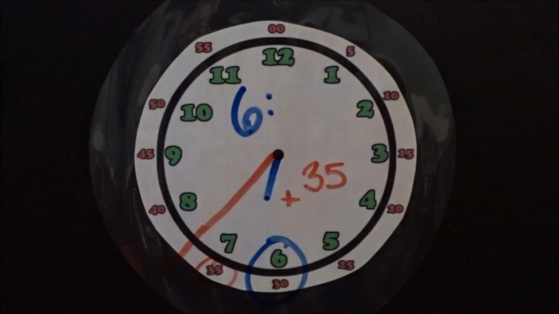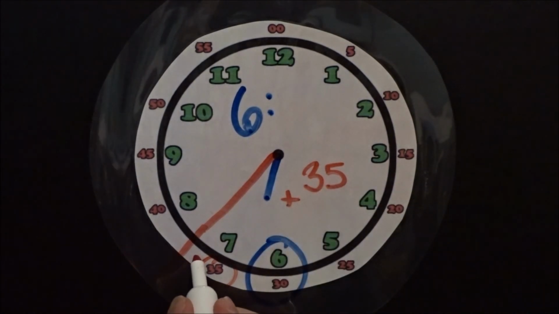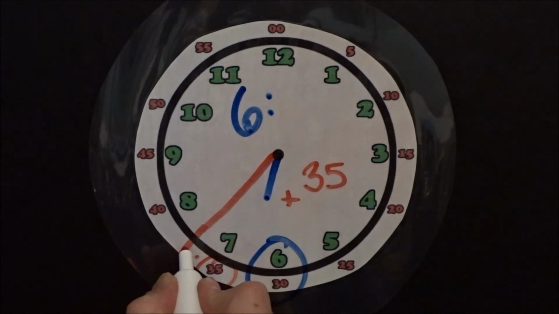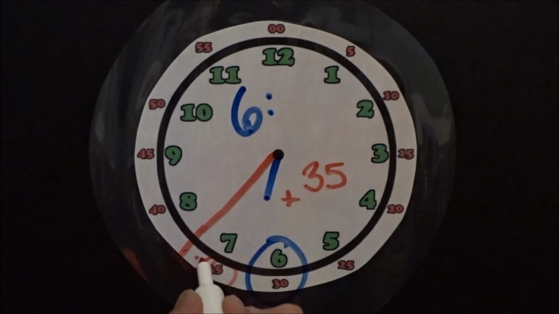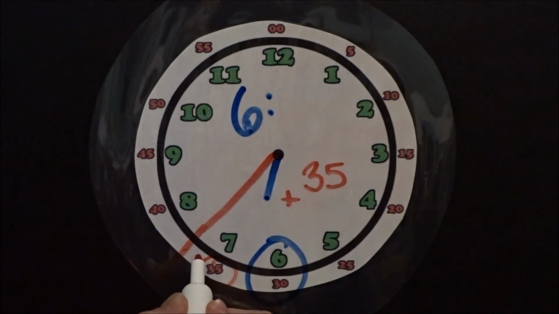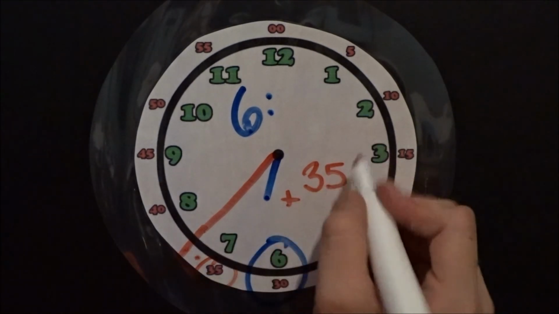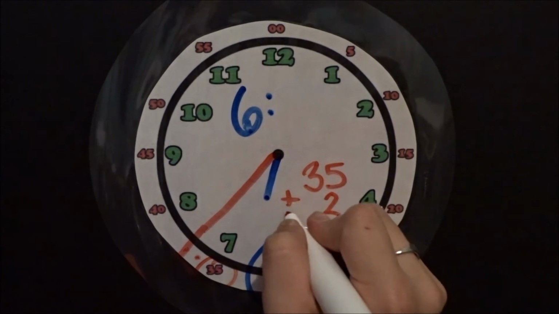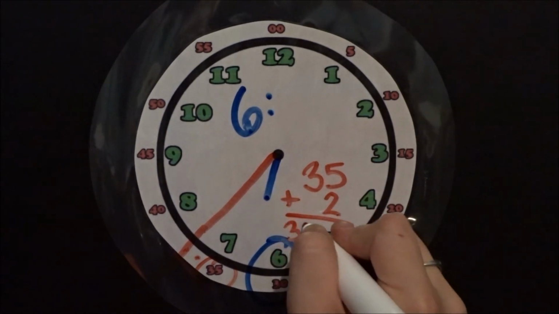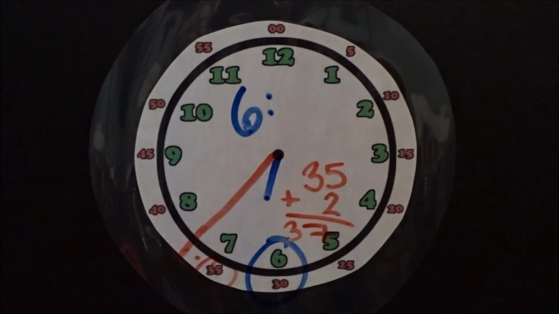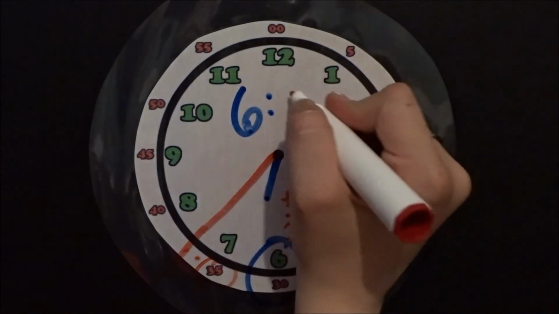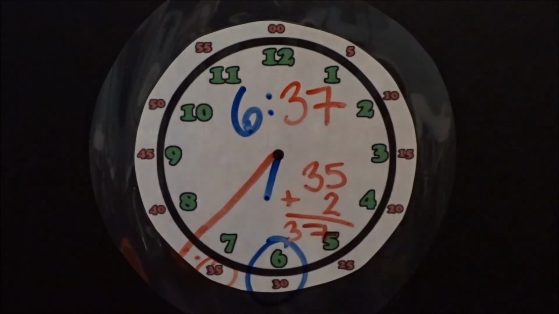So 35, and then we're going to add 1 and 2. So it's going to be 35 plus 2, and that equals 37. So we know that the time is 6:37.